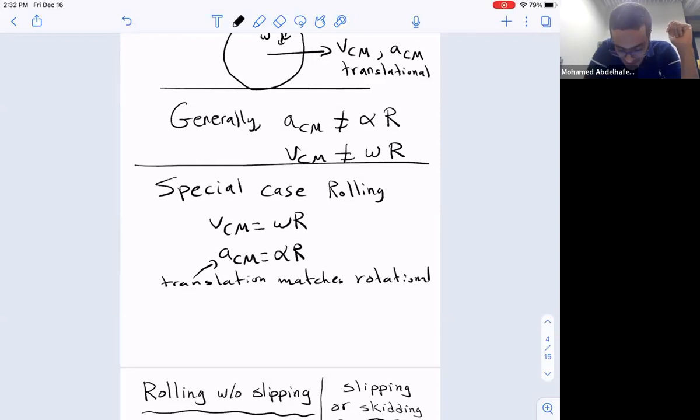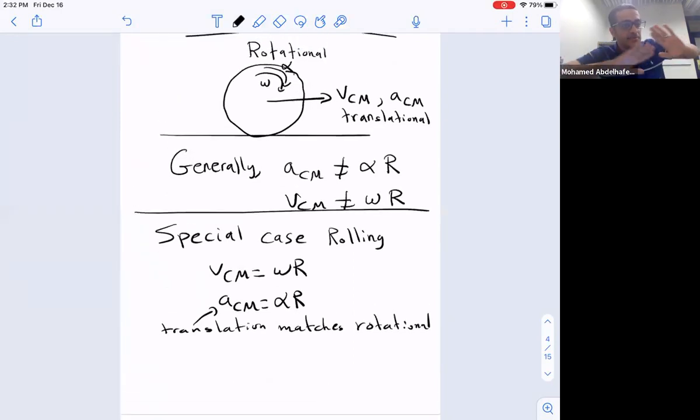But anyway, rolling without slipping is just the case when you roll a ball or something, so it rotates and translates together. The translational motion comes from the rolling, from the spinning. They move together, and there is a geometrical proof of this fact. But this really is the important idea. Generally speaking, translation and rotation of the same object are not related.